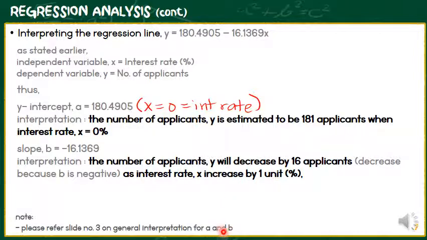Because B tadi saya bagi dekat dalam general definition, change in Y per unit increase in X. Negative 16 ini adalah change in Y. Apa Y? Dependent variable, number of applicant. Negative 16, berkurangan sebanyak 16 orang. Setiap kali interest rate bertambah 1 unit. Please refer general definition on slide number 3.